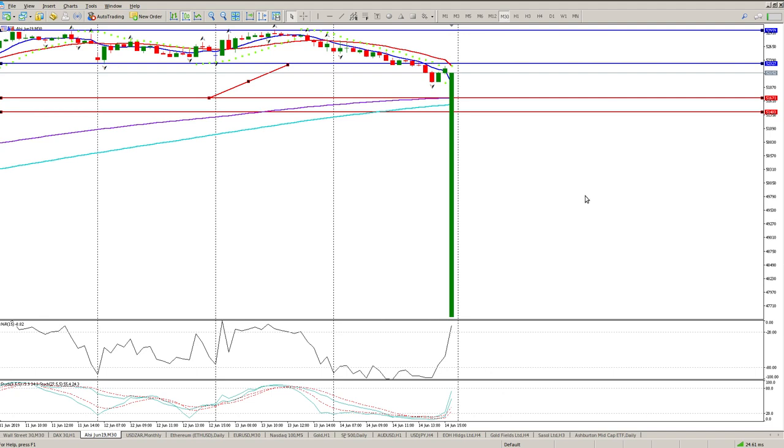Anyway, what we're looking for is an open where we close. Where's the close? 52228 is the close.